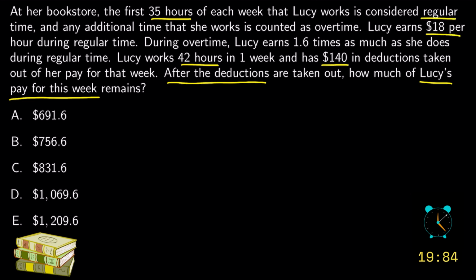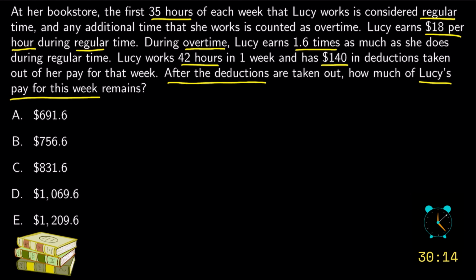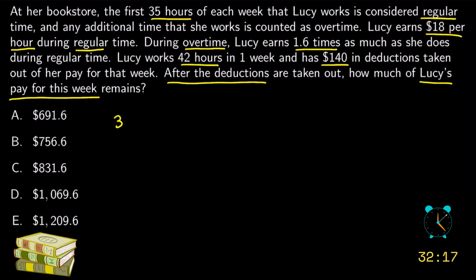She earns $18 per hour during regular time, and during overtime, 1.6 times more. So Lucy's pay for this week would be 35 times 18 plus 7 times 1.6 times 18 minus deductions.